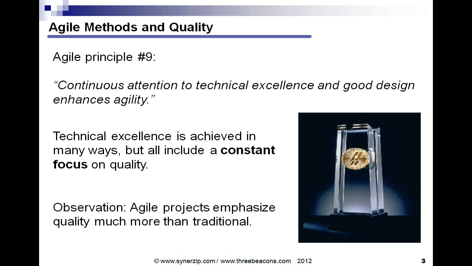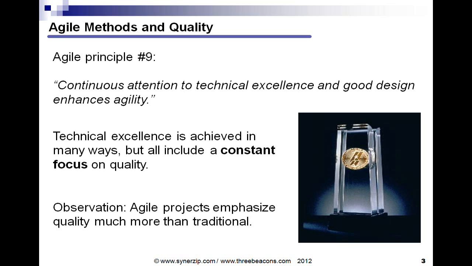And honestly, based on my experience, the Agile projects emphasize quality much more than traditional. You know, when Agile first came out or started first being formalized in the late 1990s, it got a little bit of a bum rap. People thought it was just an ad hoc approach, an excuse to not write documents, and it had all of those negative connotations about, we're not too concerned about quality.